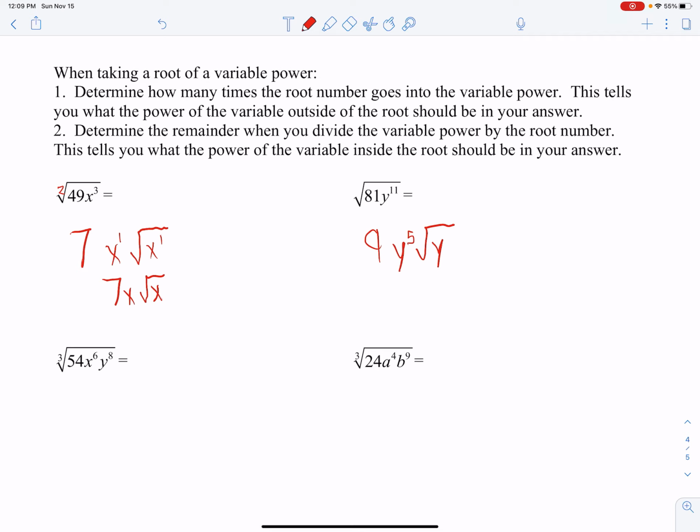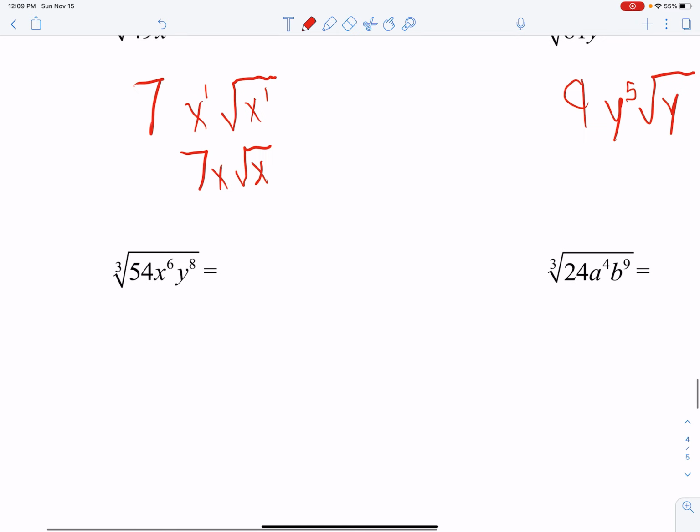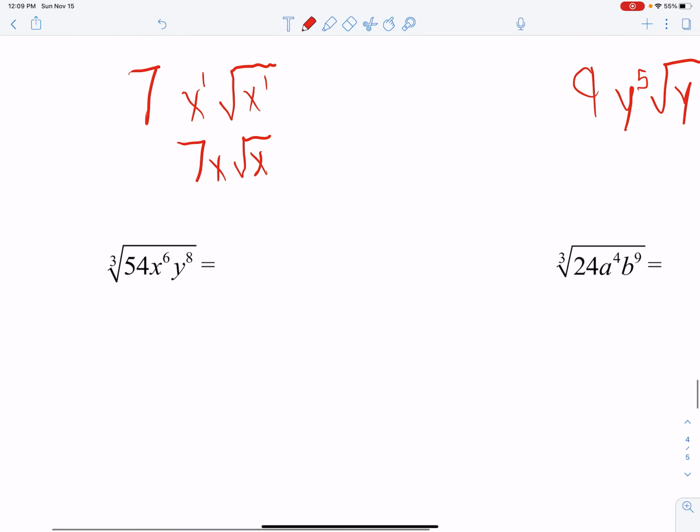That's it. So when we look at a problem like our next one, the cube root of 54x to the 6th, y to the 8th, we can really look at this as 3 separate problems. There's the number part, the x part, and the y part. Looking at the number part, the cube root of 54, we've actually done that problem a little while ago.